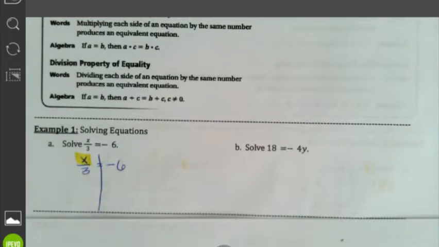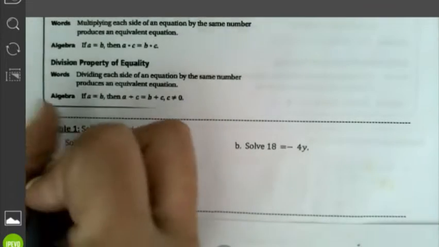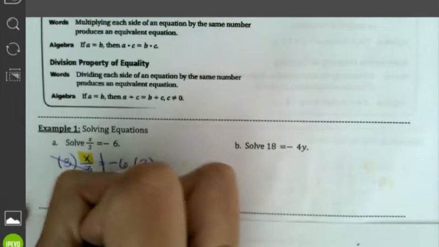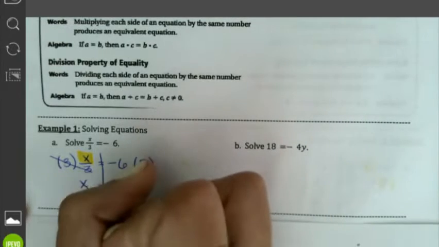Now, I read this as x divided by 3. So in order to get rid of dividing by 3, we do its opposite, its inverse, which is multiply by 3. These cancel. That leaves me with x equals, we have a negative times a positive, gives me negative 18.